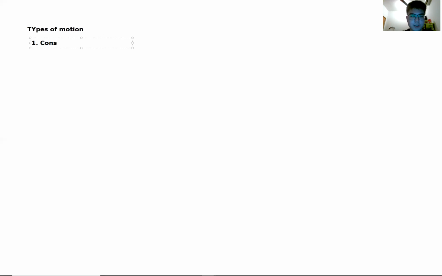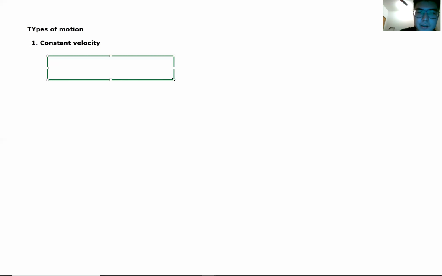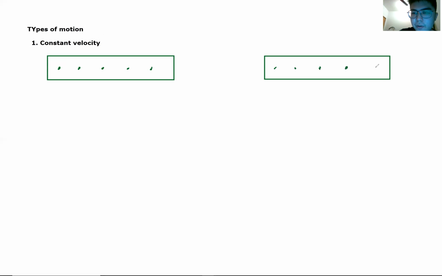First is constant velocity. Okay, so constant velocity is when you have this, my ticker tape, 1, 2, 3, 4, 5. The direction of motion first is to the right and the second is to the left. So regardless of the direction of motion, you see that for constant velocity, all the ticks have the same distance to each other.